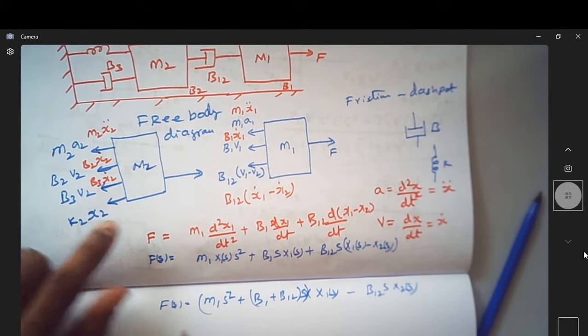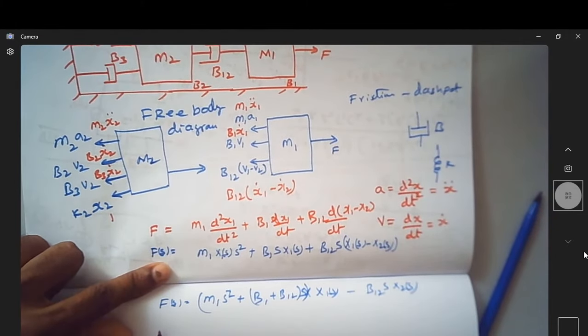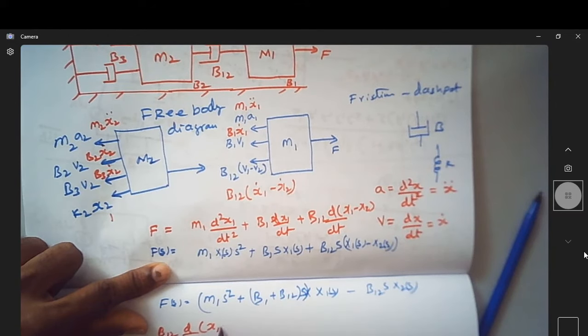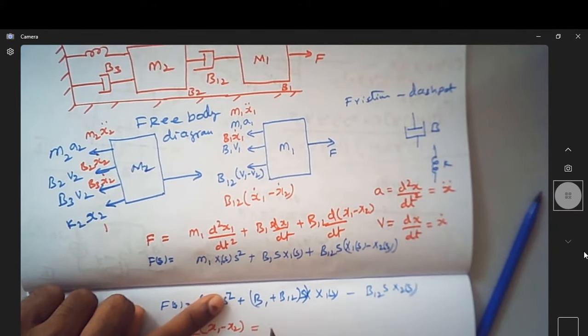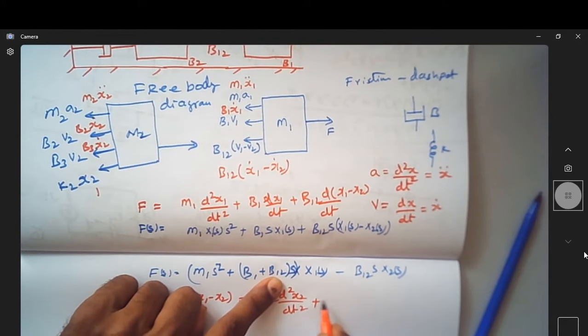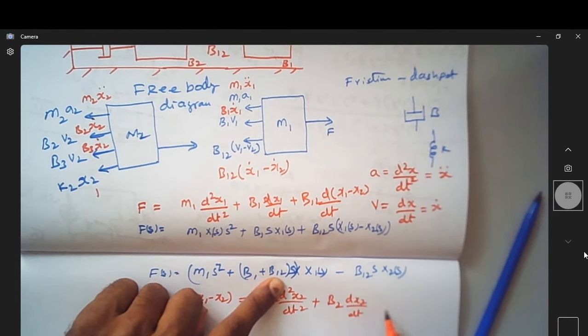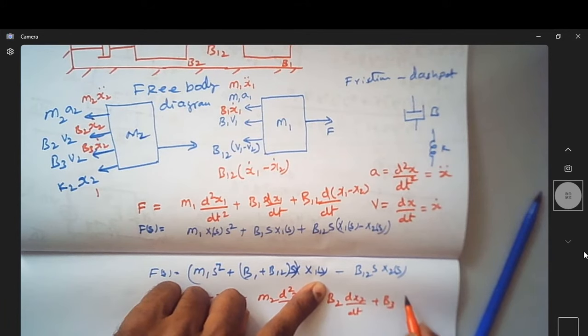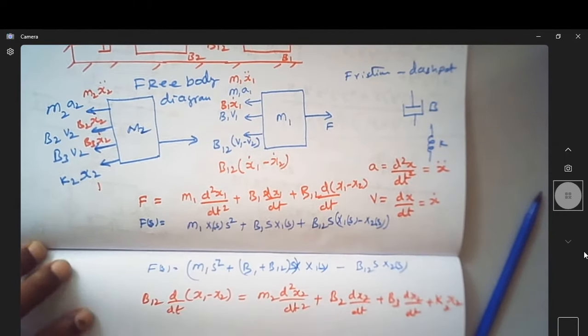And again, if you want to write it for this mass, the acting force on that is b12 d by dt of x1 minus x2, equal to m2 d square x2 by dt square plus b2 into dx2 by dt plus b3 dx2 by dt plus k2 into x2.